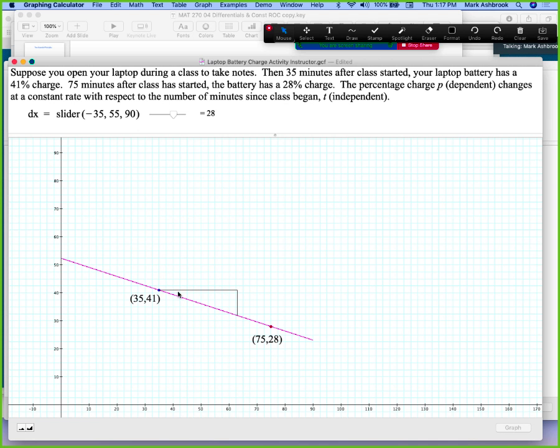Change in time, a change in x, but specifically, all these changes in time are from 35 minutes after class started, right? So by changing dx here in the slider, you're getting a certain dx with the reference point being 35 minutes, and then it shows the corresponding change in battery percent in your laptop when you do that. So that'll be the final product in that one.